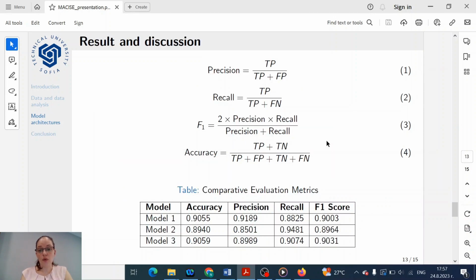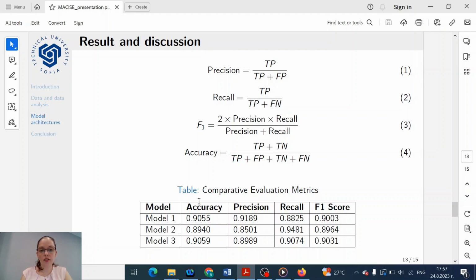For the test, we use the test data set to find the accuracy, precision, recall, and F1 score. We use the well-known formulas, where TP is true positive, and we have false positive, false negative, and true negative.